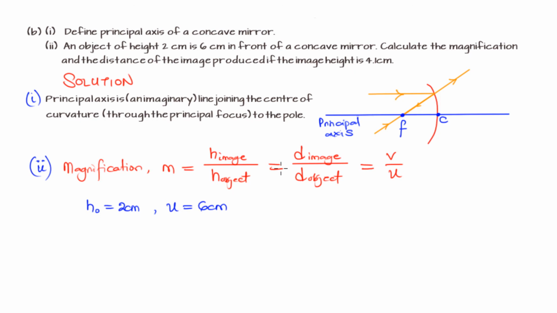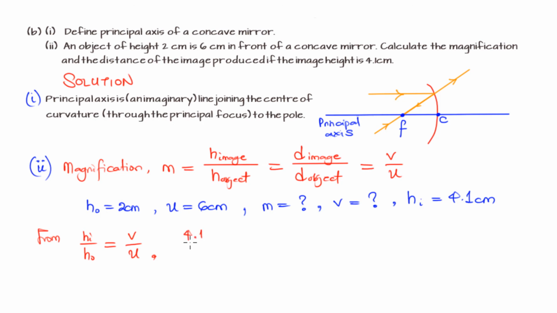We are given the height of the object to be 2 cm. We are given the distance of the object to be 6 cm. We are to find the magnification, and we're also to find the distance of the image. Now, the height of the image we are given to be 4.1 centimeters. Taking the formula, we can say that the image height over the object height is equal to the image distance over the object distance.